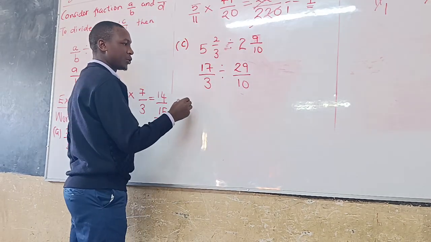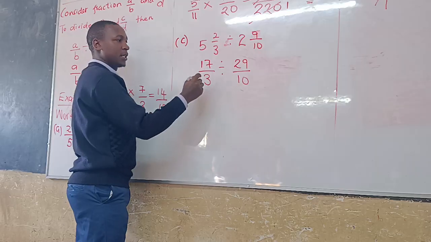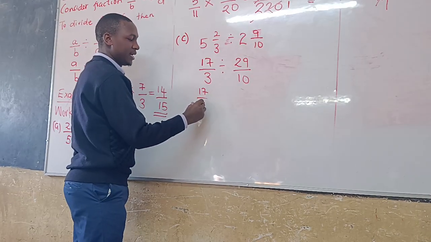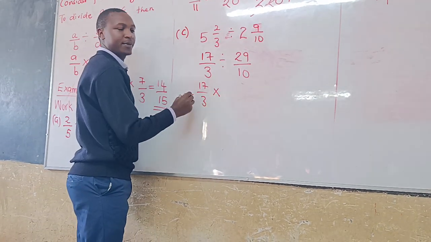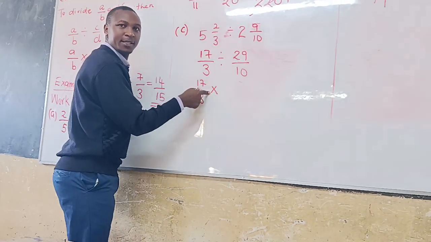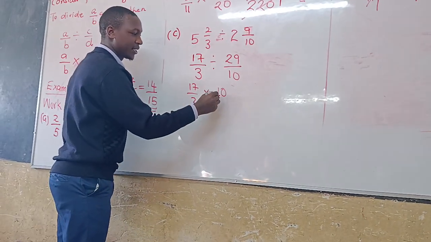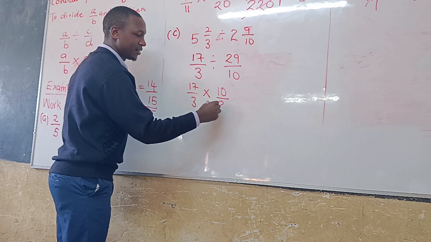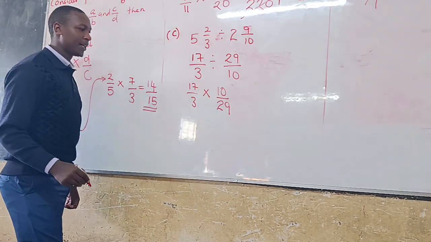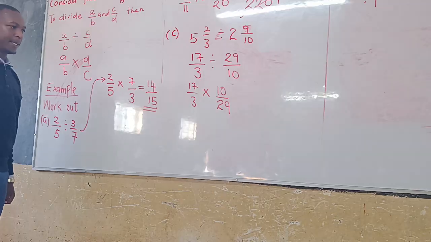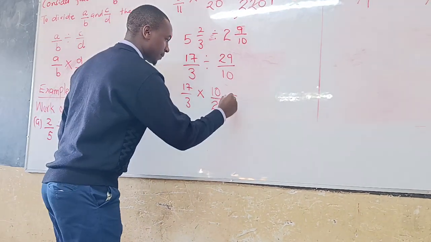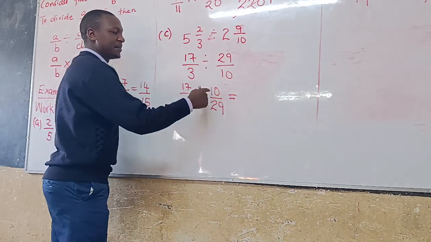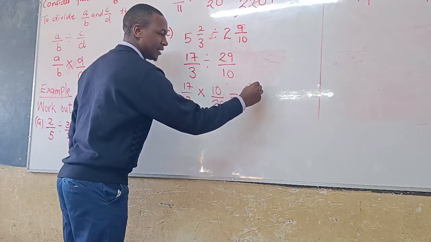Now the next step is to remove this division. 17 over 3 times 10 over 29. Oh, this is going to be a long problem. Now, this one is easy. 17 times 10 is what? 170.